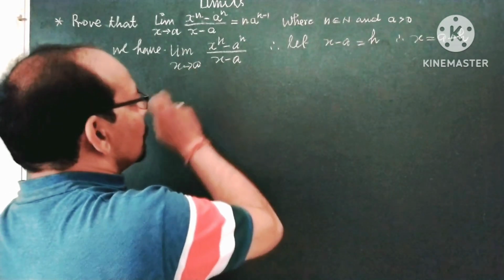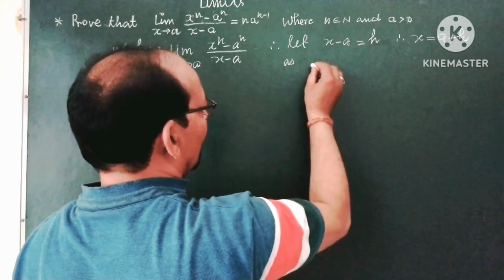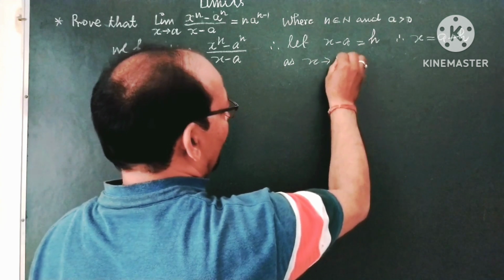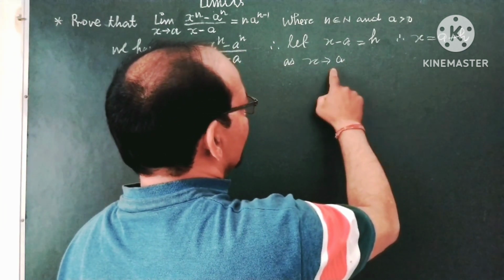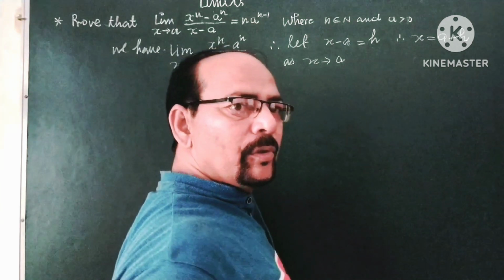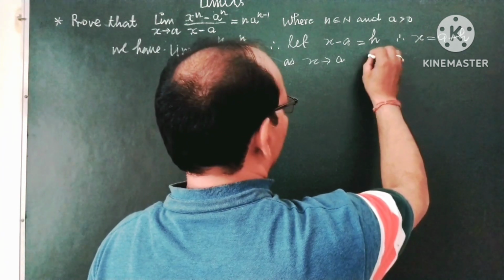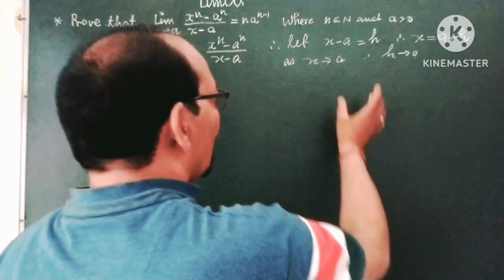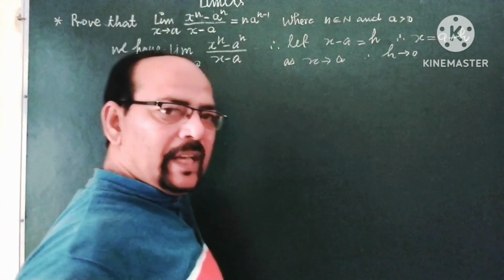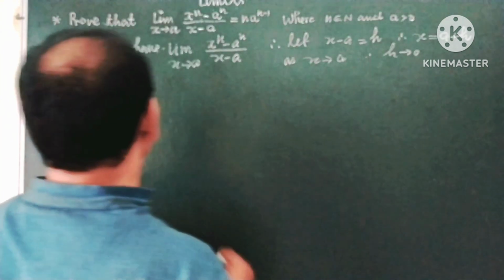Here x tends to a, and as we put the value of x here, h tends to 0. After putting this value, we can find the limit of this function.